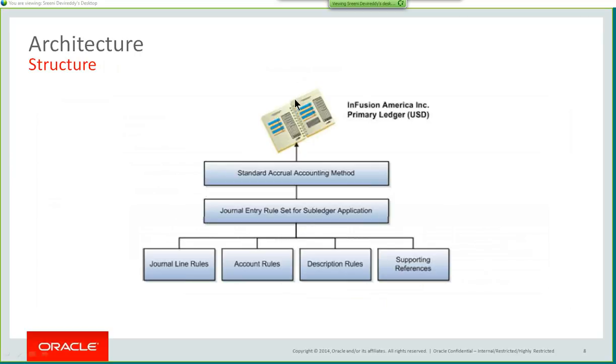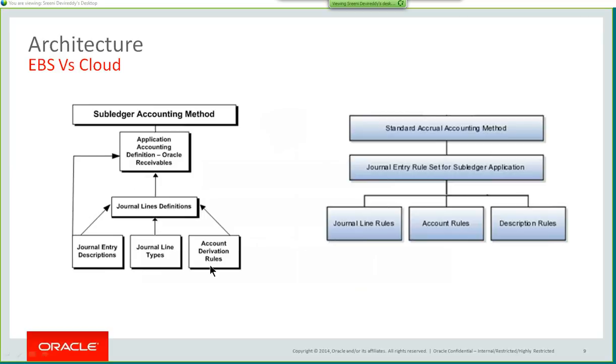So that's how they are architected. And this is how they are architected in EBS. This is cloud. So EBS versus cloud, you see not much of a difference. The only thing is it's flattened by one level. We in fact had 4 levels in E-Business Suite. Now it's just a 3-level hierarchy. It's kind of these two are combined together.